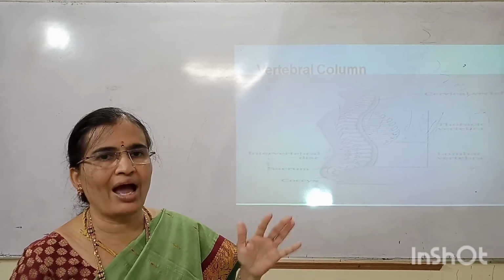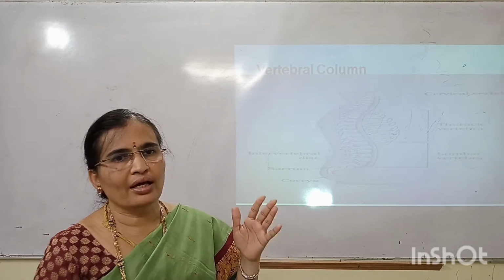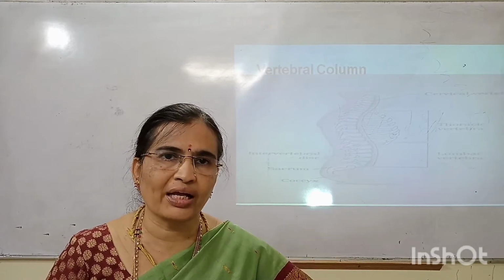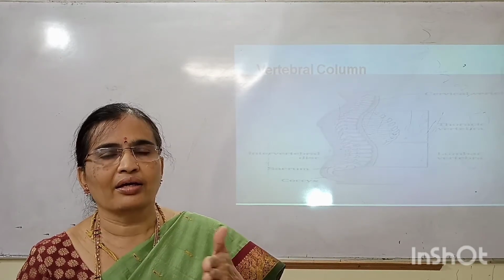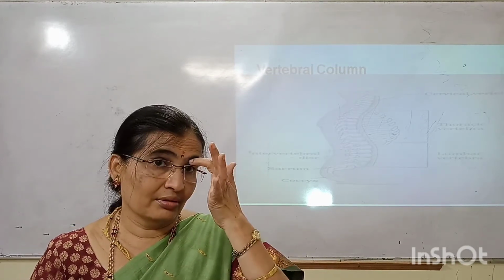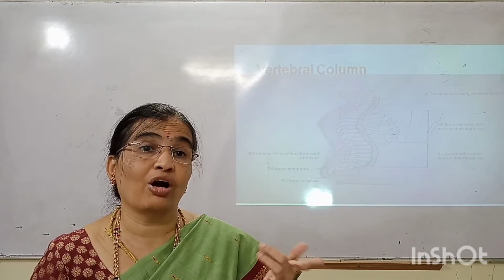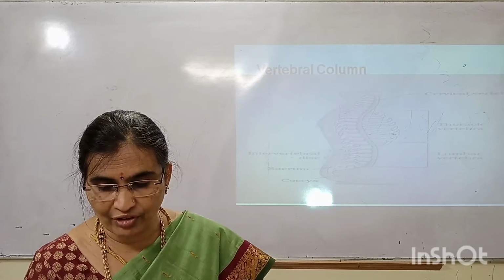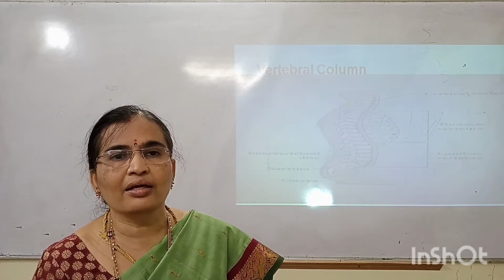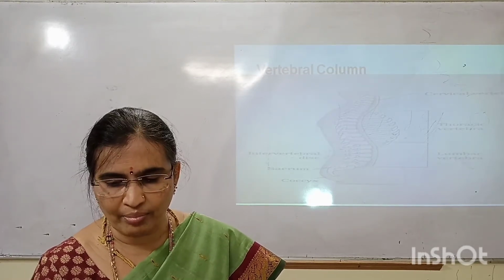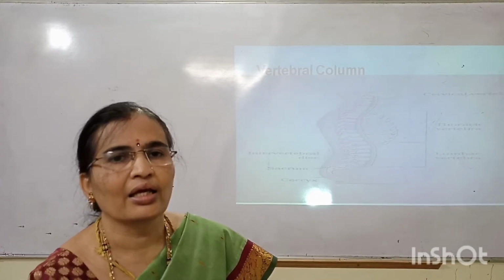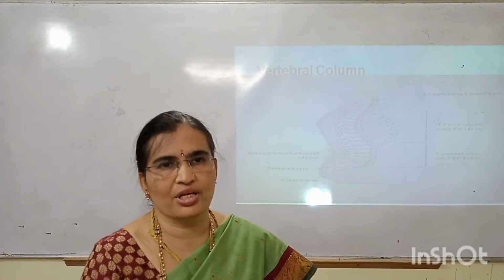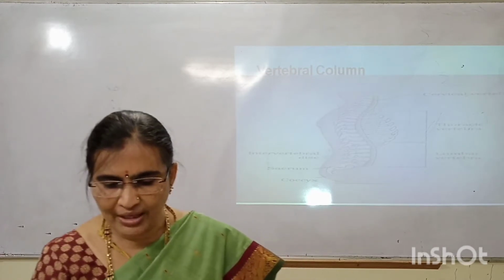So you have to remember this from the examination point of view: which is called a floating rib, and why a false rib is called a false rib. You should also remember the ear ossicles. And one more thing, the smallest bone of the human body is the stapes.